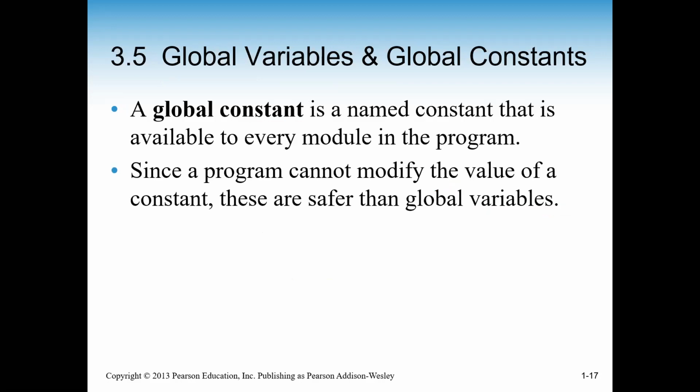A global constant is a named constant that is available to every module in the program. These are okay, and you use these quite a bit. Let's say you're reading a sequence of data, let's call it a batch, and you're reading batches of 64 rows. It's always 64, so that's a constant.